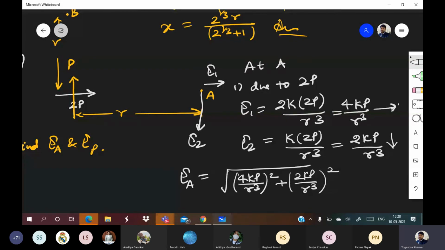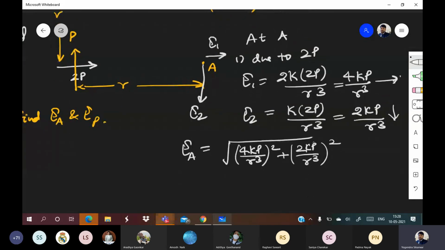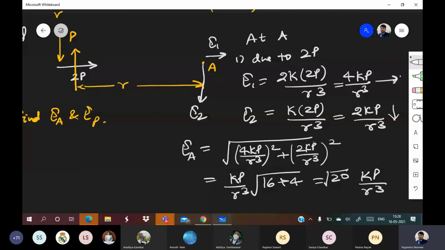So Kp upon R cube can be taken out under the root of 16 plus 4, and 16 plus 4 becomes 20. Answer.